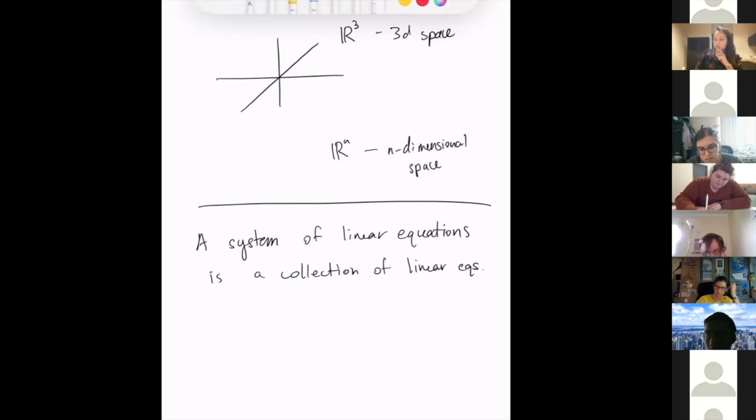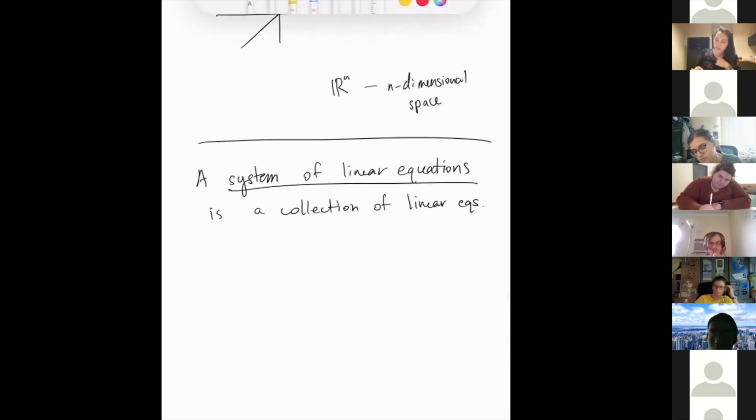EQS is the abbreviation I use for equations, so I'll probably use that a lot. For example, something like minus 3, something like this is a system of equations. I just have those two grouped together. I get a system. You probably know how to solve something like this.